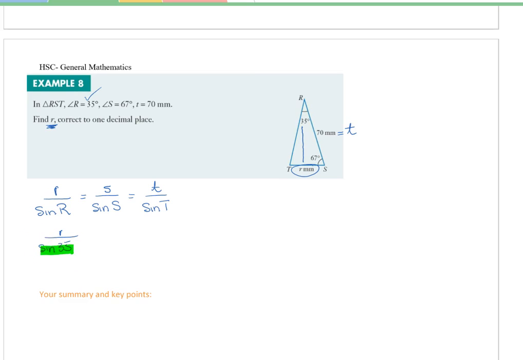That's all good. Side s, we know nothing about side s. We know angle S is 67. That's a number. Do we know t? t is 70. Do we know the sine of T? No. We've only got 2 pieces of information. We know that that's not going to work. It is definitely not going to work.